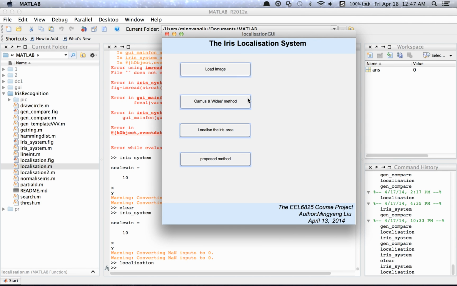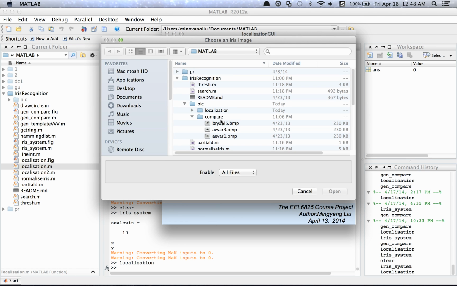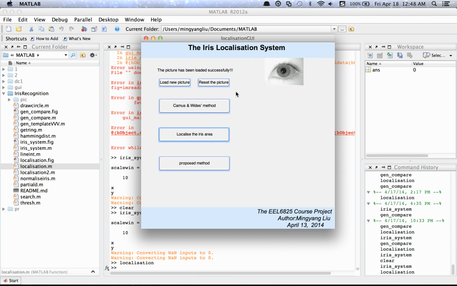First one is the localization system. This is very simple. We can see that there is a specified GUI and several buttons, and it is clear and easy to manipulate. First, we load a picture. Let's load this one. You can see it appears here, and we can load a new picture, or you can also reset the picture. Then we do the Kramers and Wales method to locate the area.